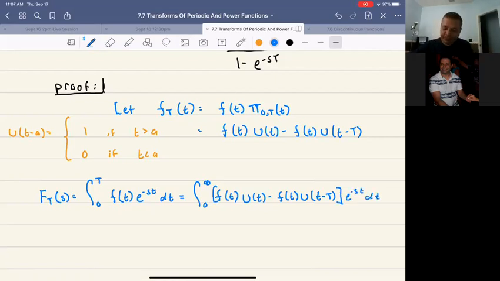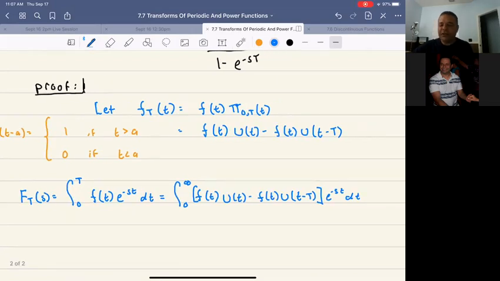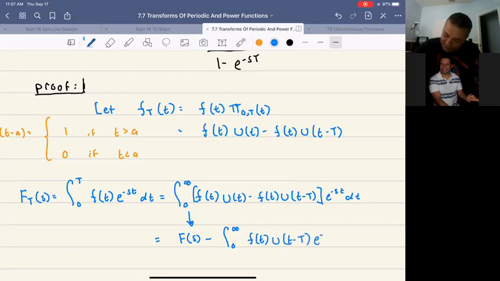Now this first u function, just u of t, doesn't actually change the Laplace transform at all, does it? Because it's still the same thing. So this equals f of s minus the integral from 0 to infinity of f of t u of t minus T e to the negative st dt. But now what about the u of t minus T?